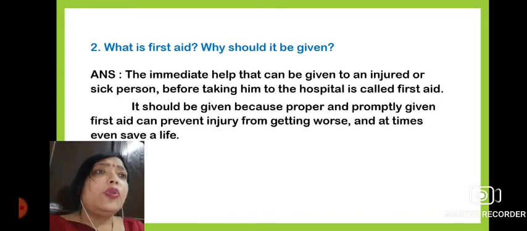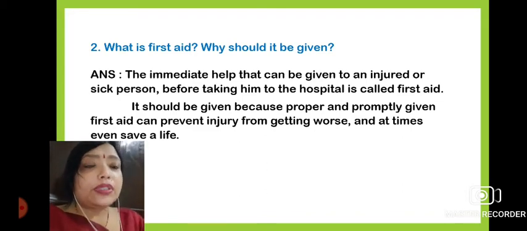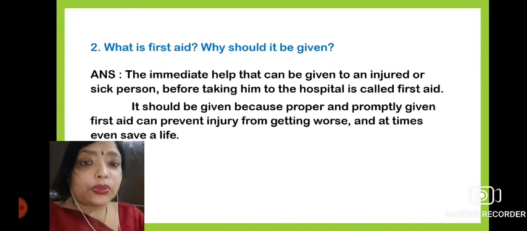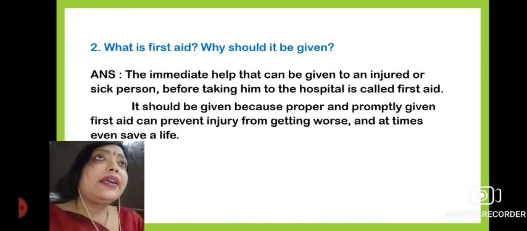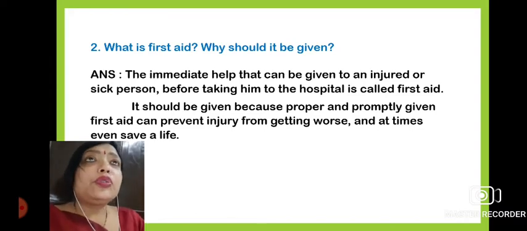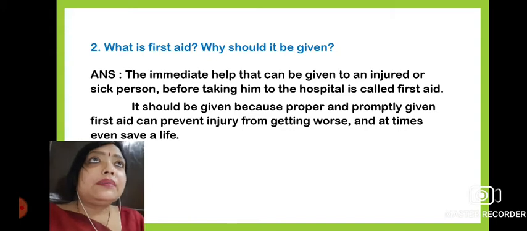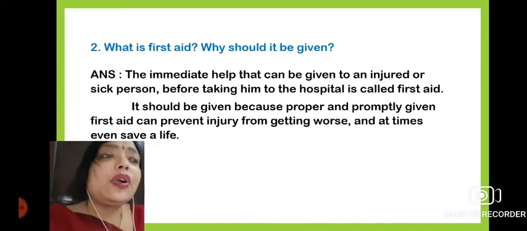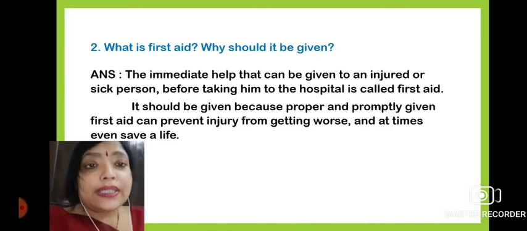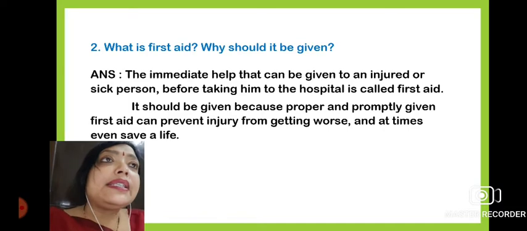So before we take the person to the hospital, we give some treatment at home so that the patient gets temporary relief. After that we can rush the patient to the hospital, because not always is the medical center or the hospital nearby.